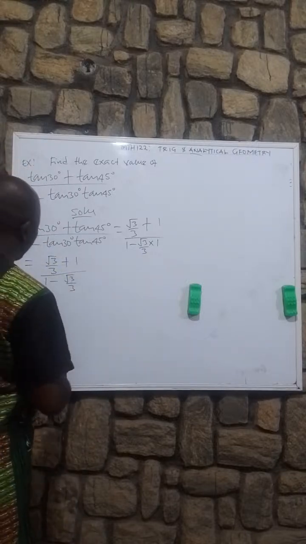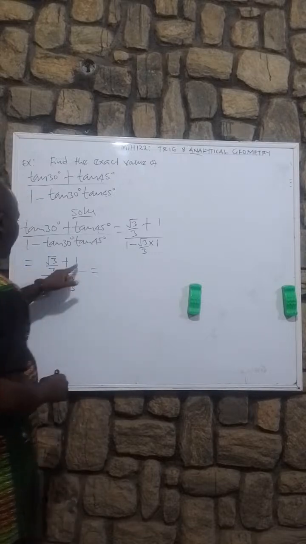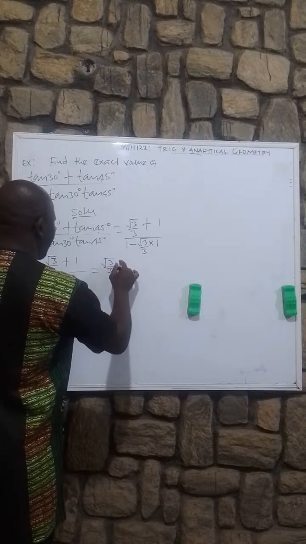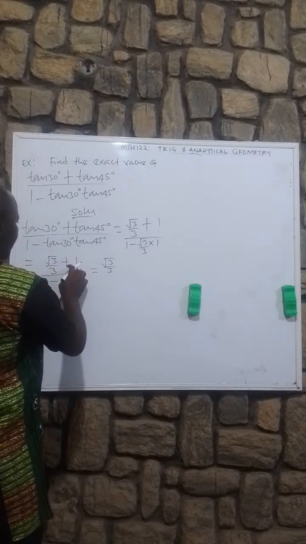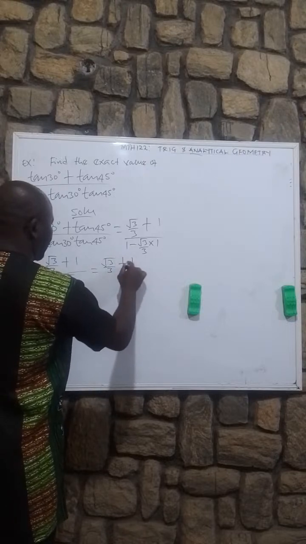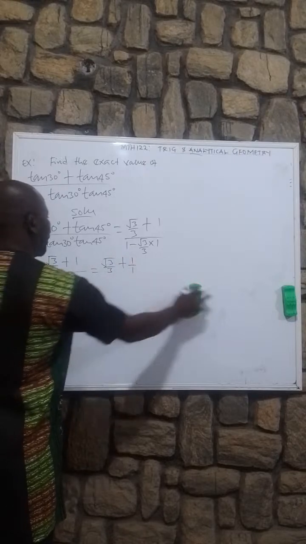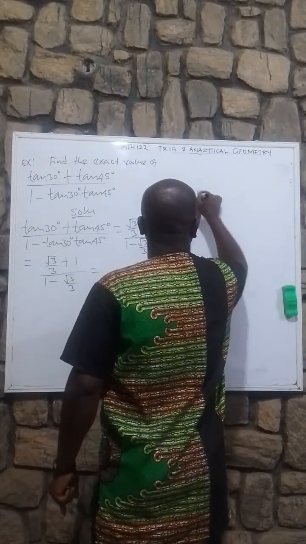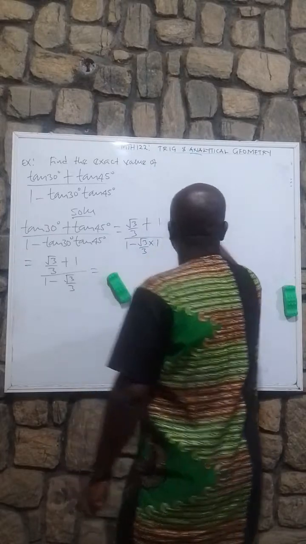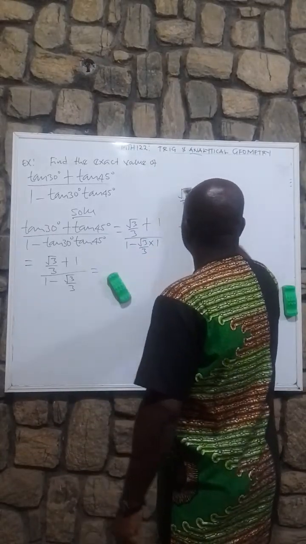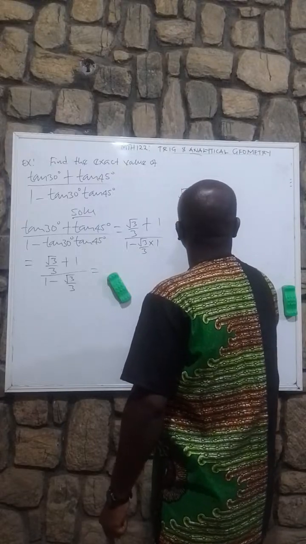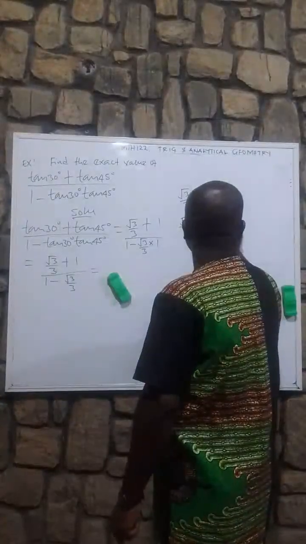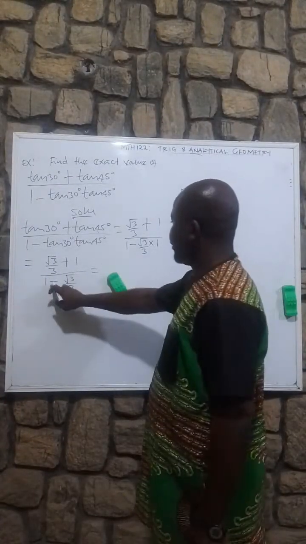So this is equal to, let's take the LCM. If we have root 3 all over 3 plus 1, the LCM is 3, right? 3 into 3 is 1, times root 3, root 3. 3 into 1 is 3, times 1, plus 3. True or false? The same thing is applicable here.